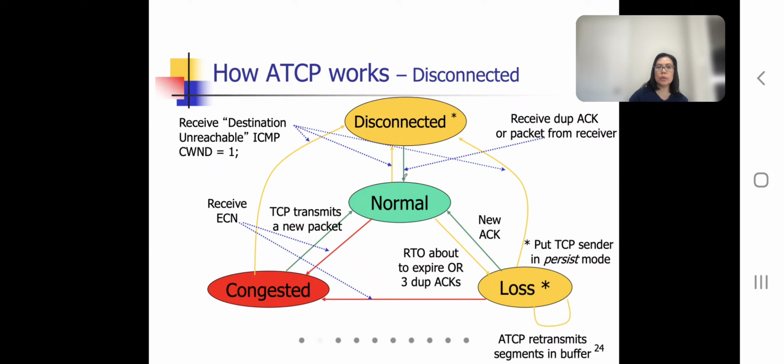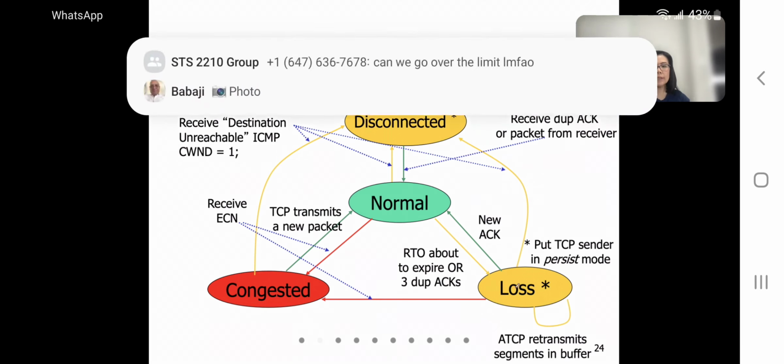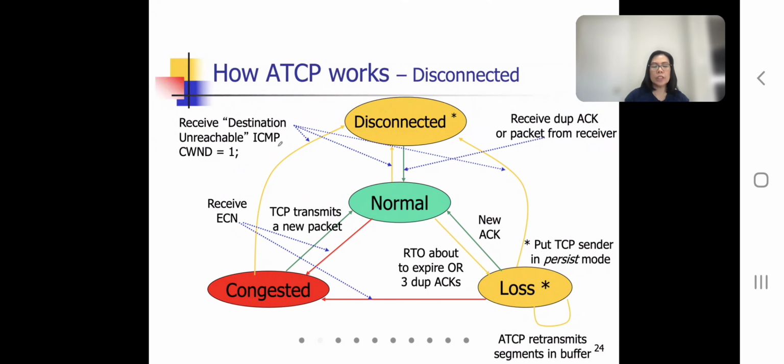So now we go back to the normal state. And the same thing as before, when ATCP is in either the congested or lost state, if it receives a destination unreachable ICMP message, that means the network is disconnected.